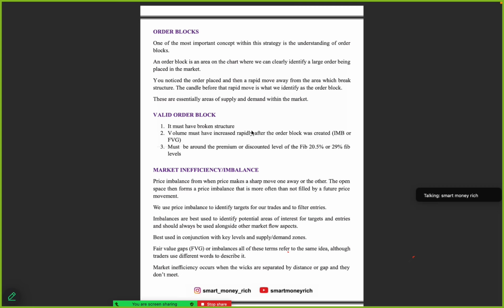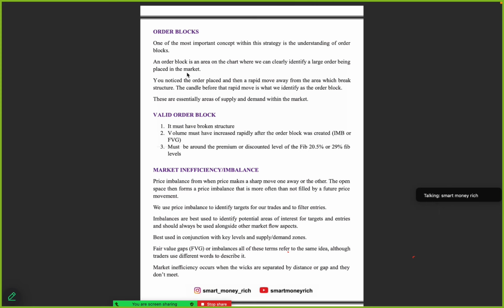Did we talk about order blocks in our last class? For those of you that attended, we did not. One of the most important concepts within this strategy is the understanding of order blocks, because order blocks are areas where we look to take our entries.